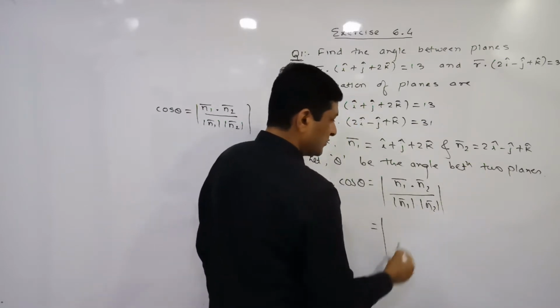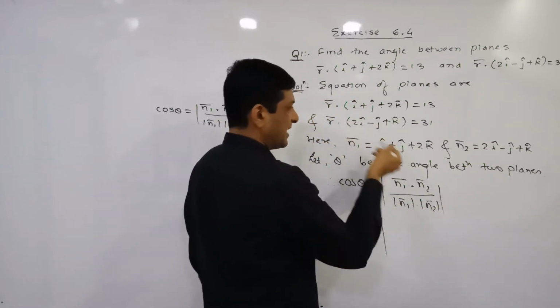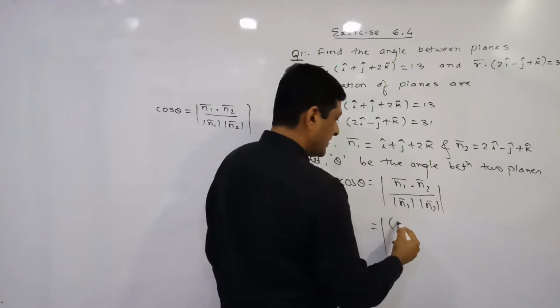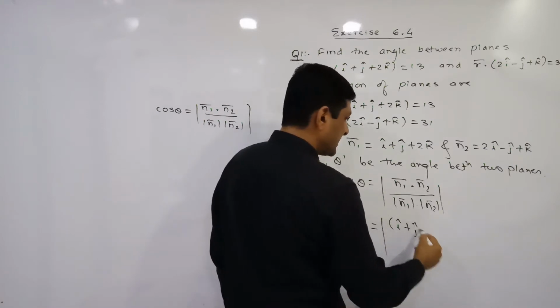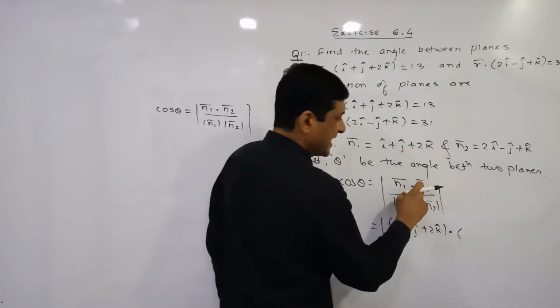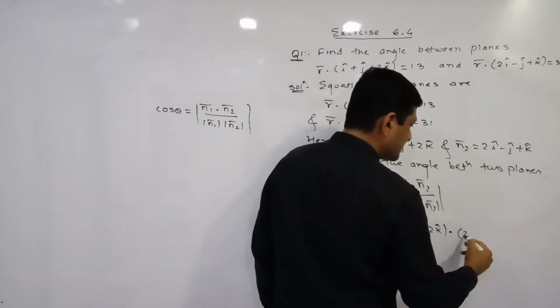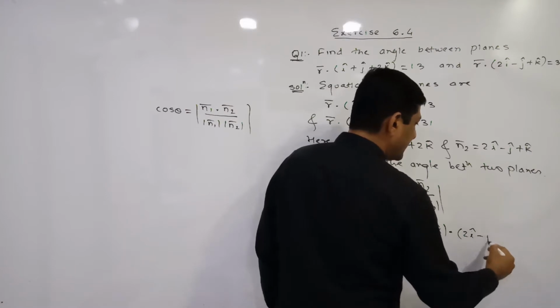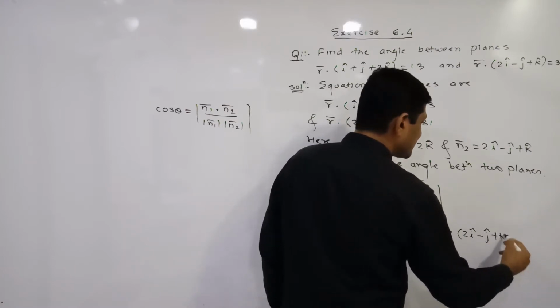Now we substitute the value of n1 bar, which is i cap plus j cap plus 2k cap. Keep the dot as it is, and replace n2 bar by its value, 2i cap minus j cap plus k cap.